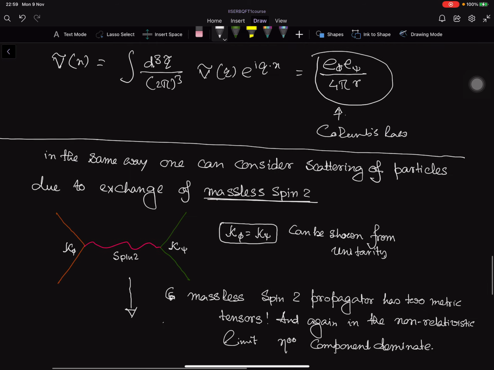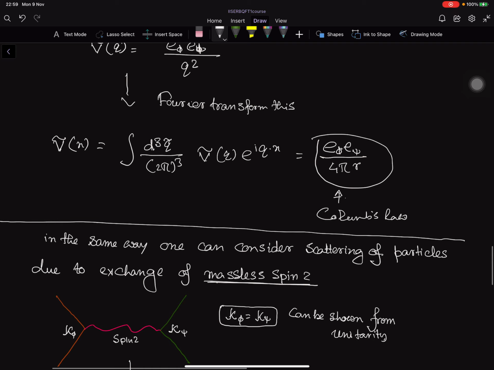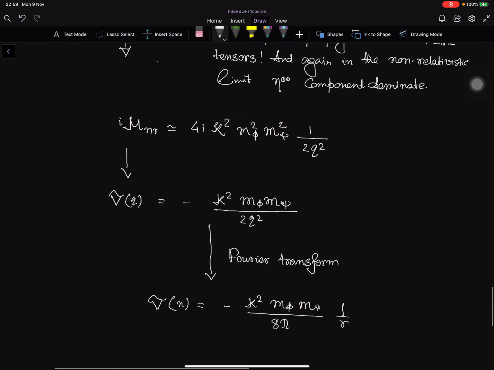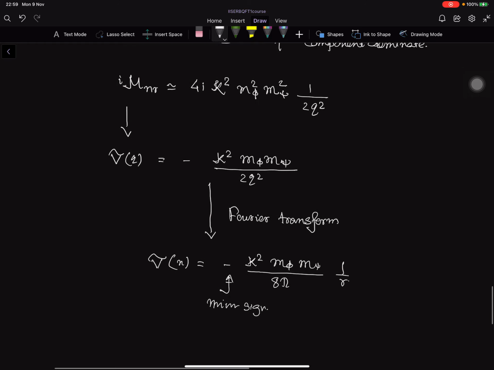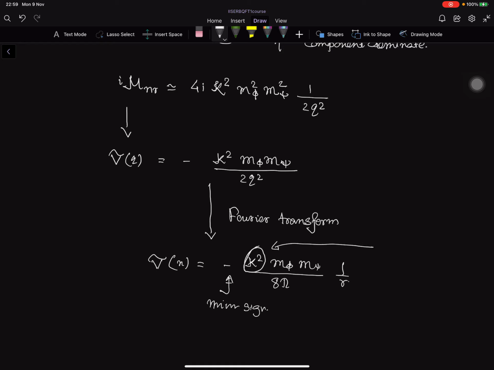So first note one important difference, that this was a plus sign, positive, whereas this is a negative quantity, minus sign. Secondly, note that the coupling constant that appears here is κ², which means that it's always universally attractive.